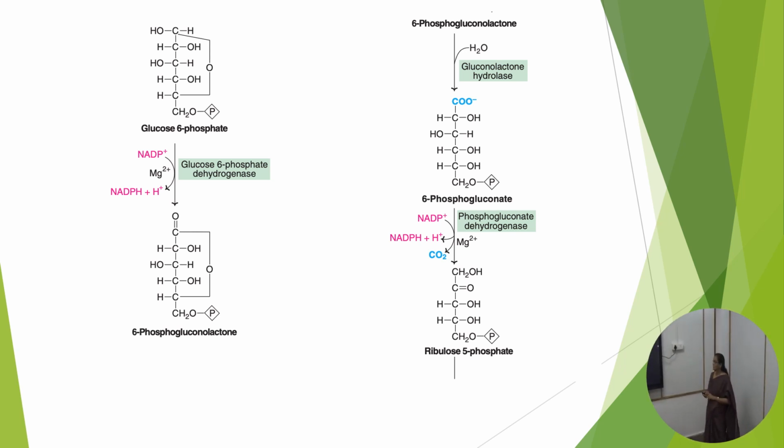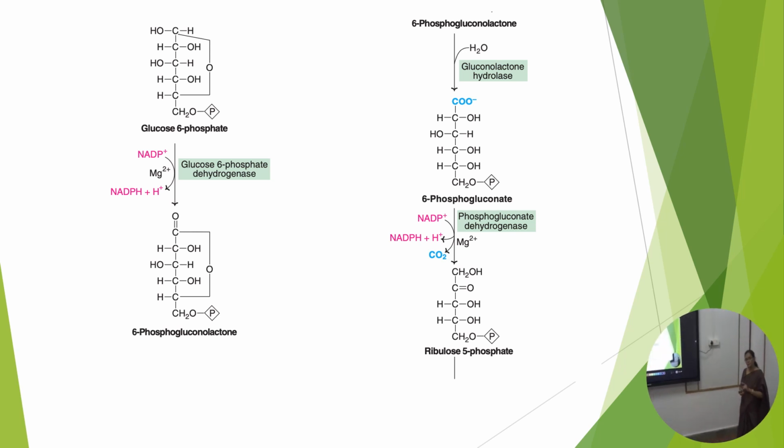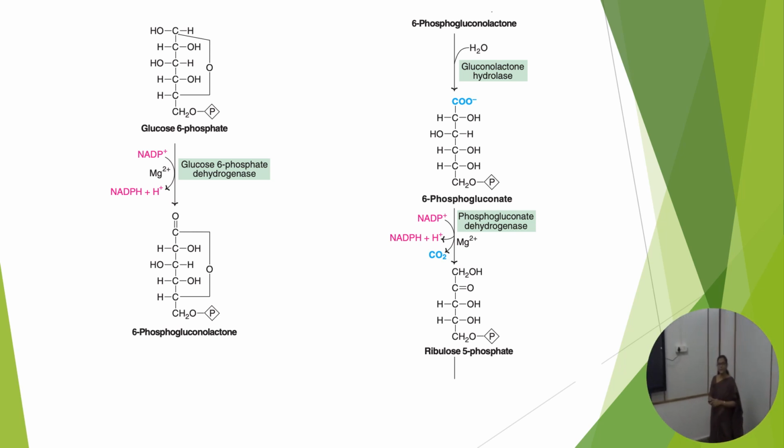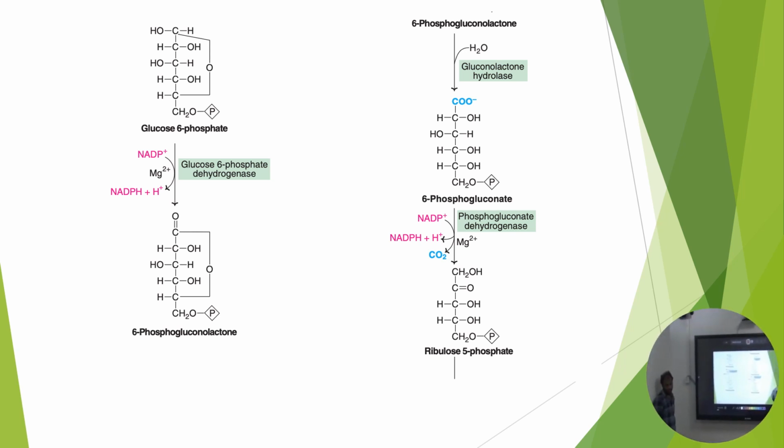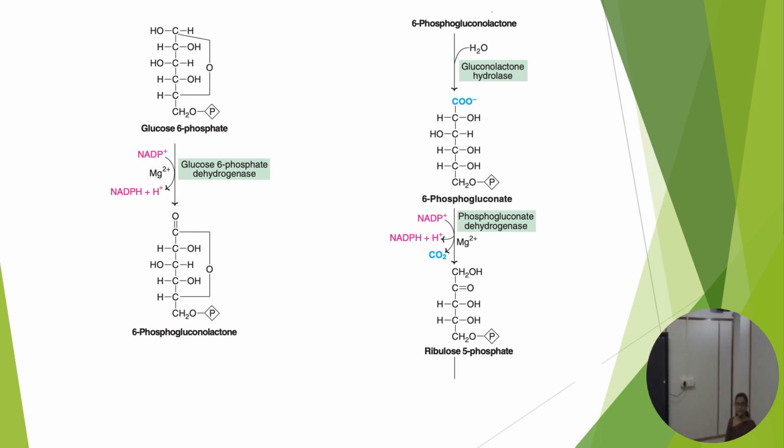6-phosphogluconolactone. And this reaction is catalyzed by glucose 6-phosphate dehydrogenase enzyme, which is NADP dependent enzyme. And next reaction is hydration reaction.